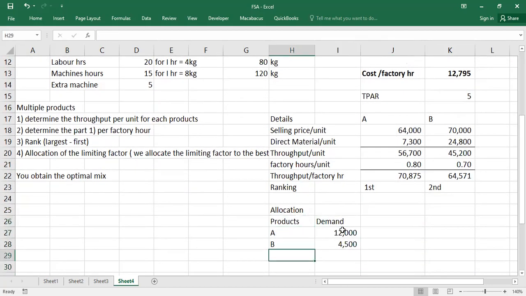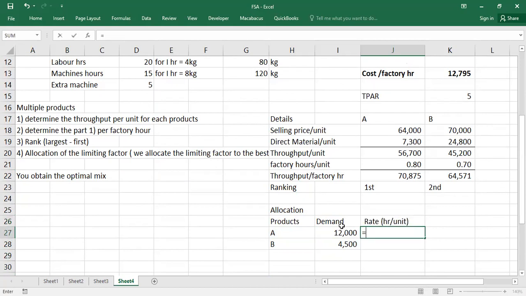So back to allocation. So these are your full demand. In case you didn't have any limitation, you just produce this and go away. Okay, but the challenge is that you have a limitation. Now, how we use that is you get this and ask yourself, what's the rate of consumption? In this case, I mean, what's the hour per unit? Okay, what's the factory hour per unit?